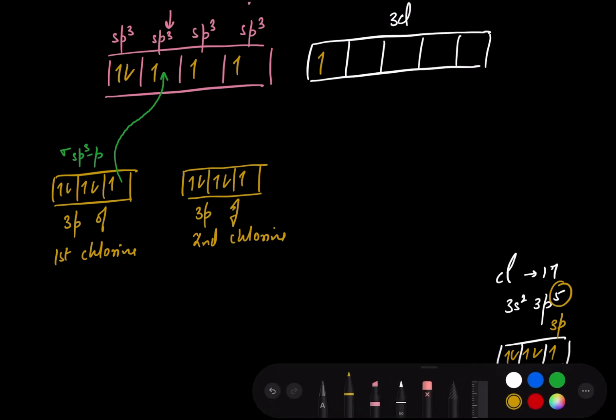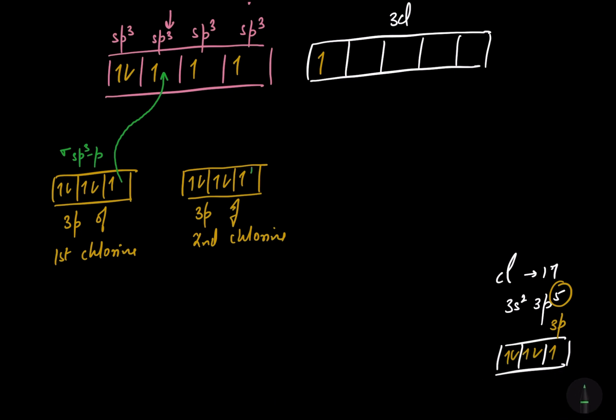Here again you can notice that one of the 3p orbitals is having 1 electron, so it will have the head-on overlap with the sp3 hybrid orbital of the sulfur forming the sigma bond, and that sigma bond will again be named as sigma sp3p because it has been formed by the head-on overlap of the sp3 hybrid orbital of sulfur with the p orbital of the chlorine.